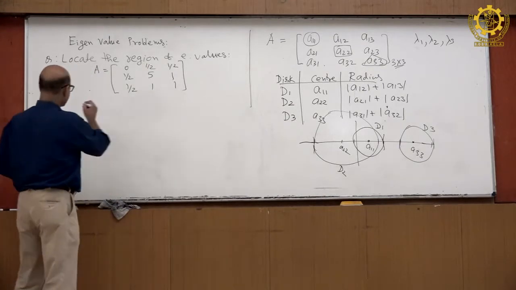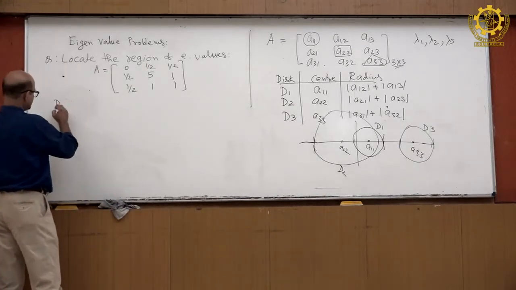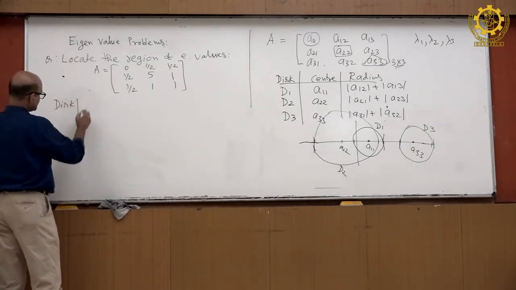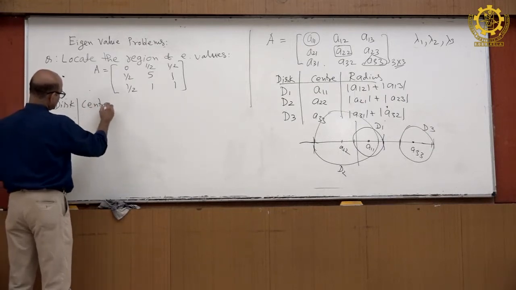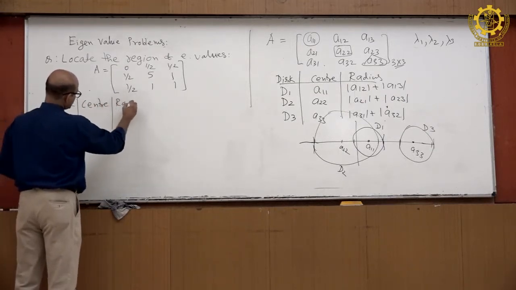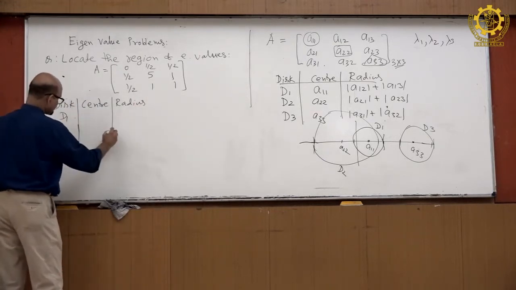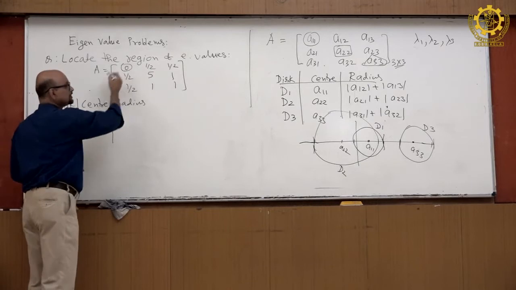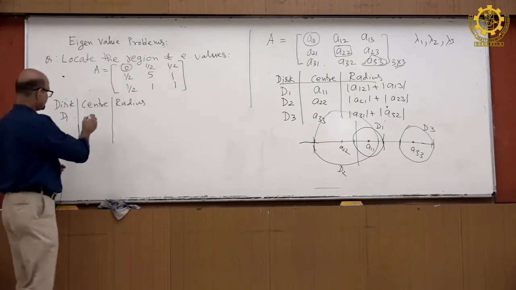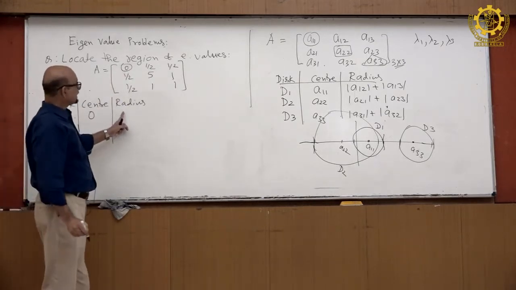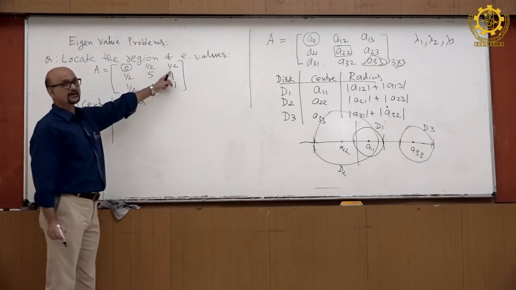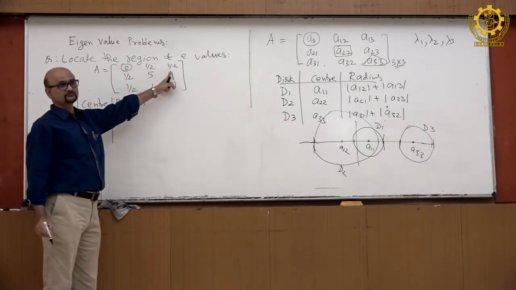So, I will make the disks with center and radius. For d1, the center is 0, and the radius will be half plus half, that means 1.